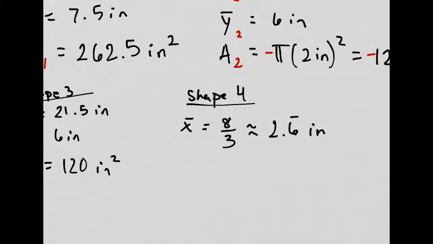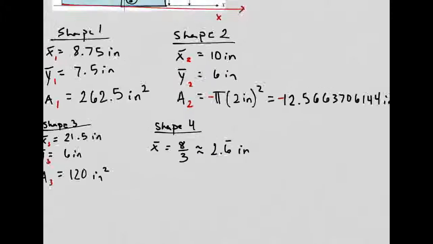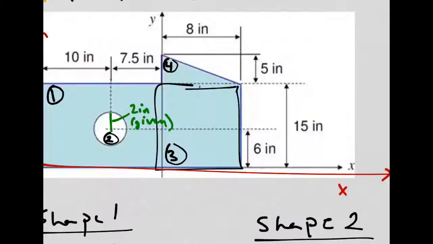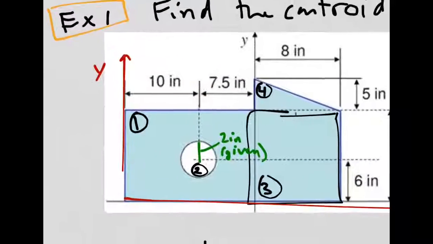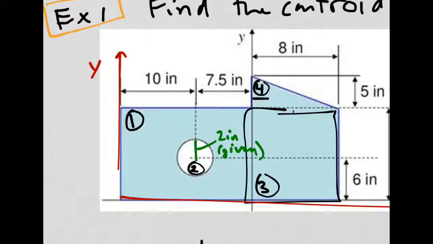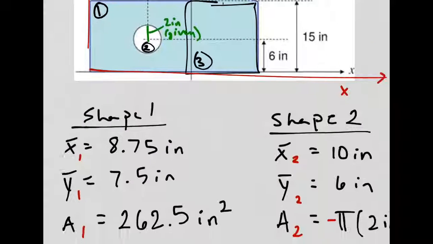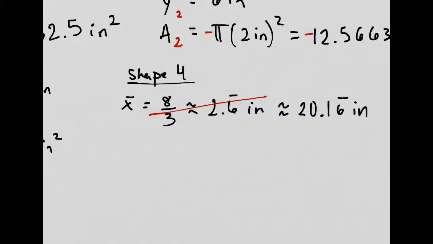That's approximately 2.7 inches. Oh, no. Remember, we have to add it. I just said it and I forgot it. 8 over 3, we still have to add 17.5, because that's this distance. So, plus 17.5, 20.16 inches repeating.